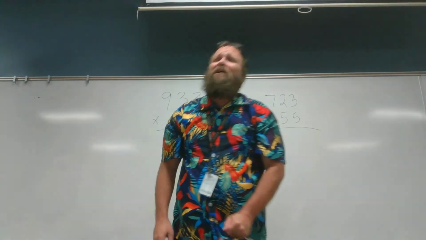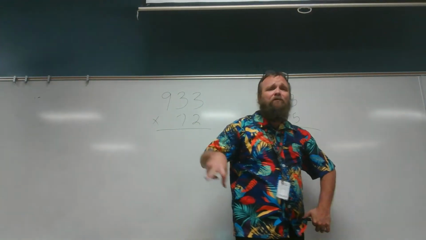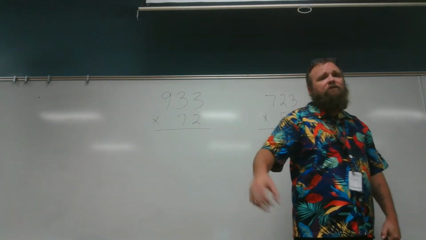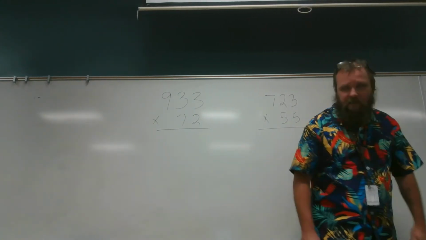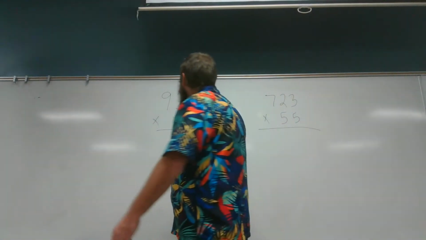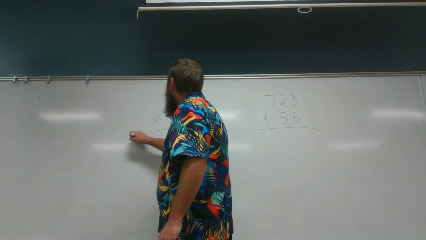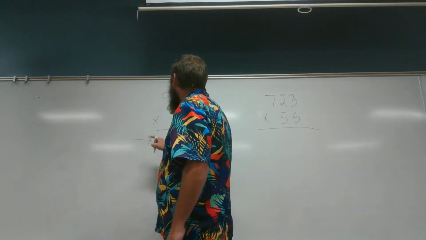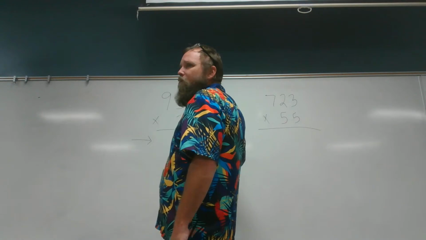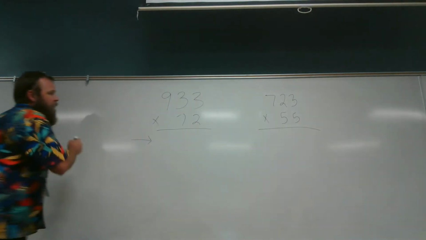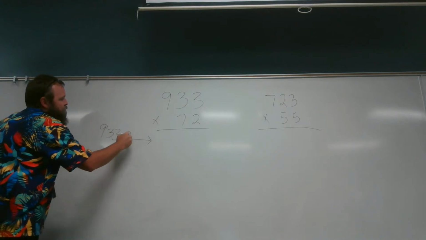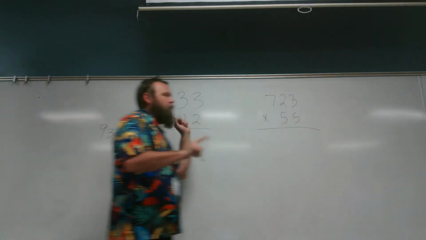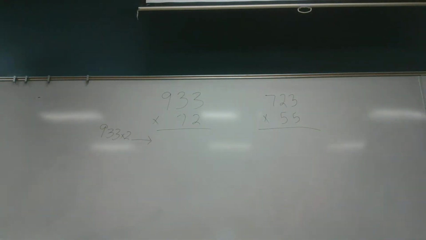Welcome back, and thank you for joining us again for part 2 of our 3-digit by 2-digit multiplication. Our next friend who's going to help us is Cade. I am going to multiply here, and this product is the same as 933 times 2, because I have 933 times the ones place, which is 2.